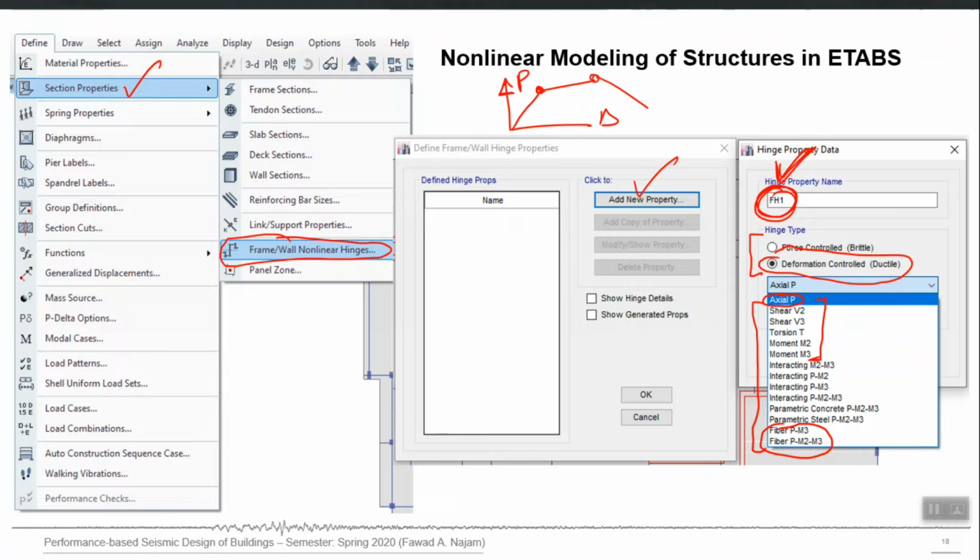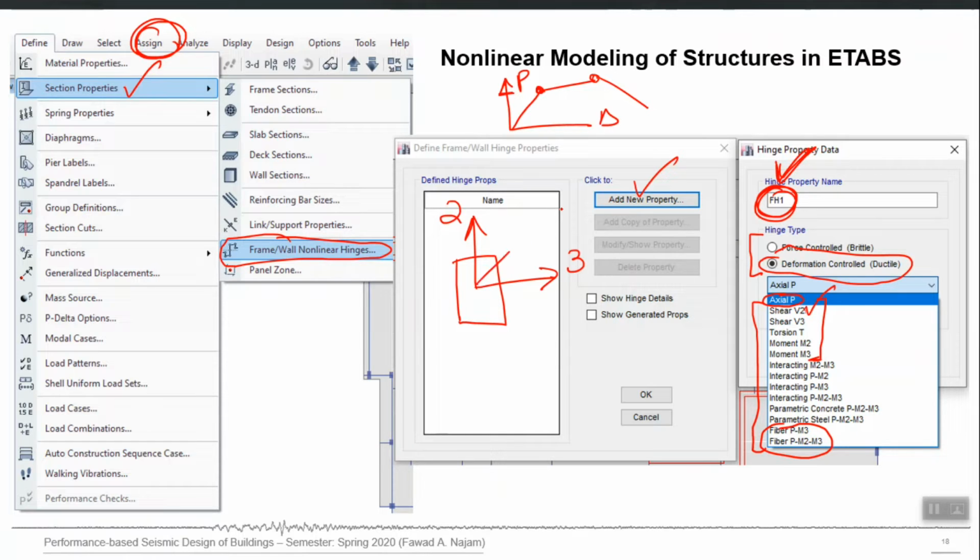So first we define hinges, then we assign them to different points in the model. We select a particular beam and just go to assign, and select that hinge which we defined, right? This we can do for shear V2 type also. Any beam cross section has two cross sectional axes, which are called the 2 and 3 axes, right?